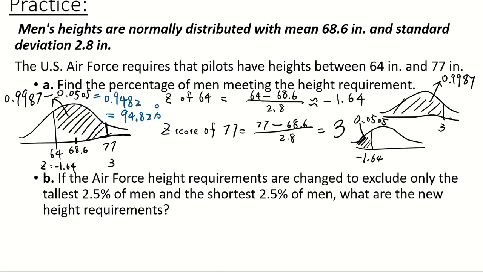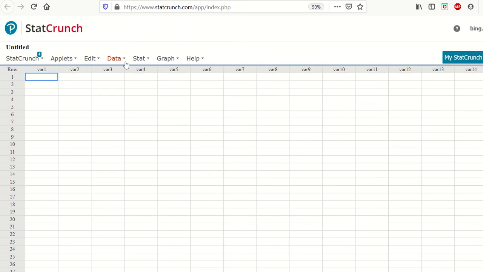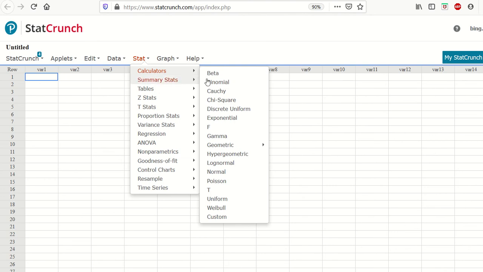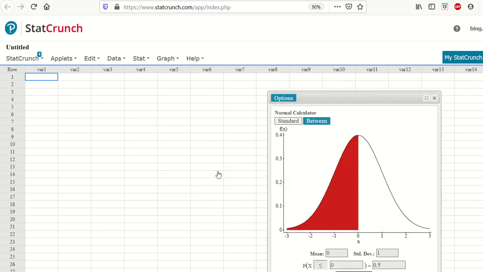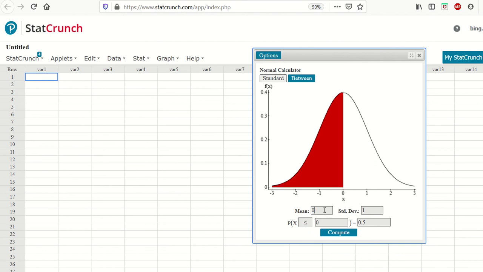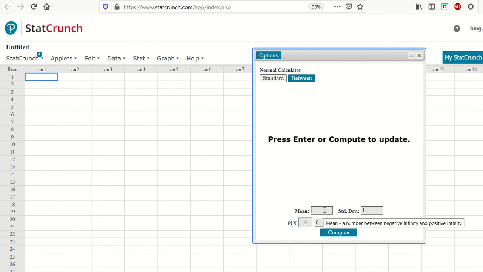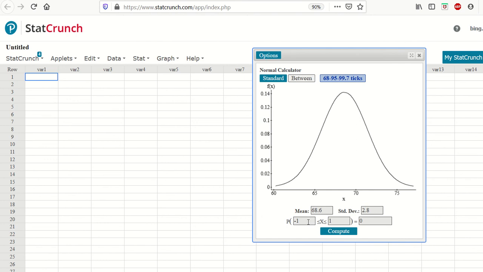Of course, you can do this problem using StatCrunch. What you can do is go to Stat, Calculators, and Normal. Under Normal, the mean is 68.6 and the standard deviation is 2.8. Here you want to find between two values.